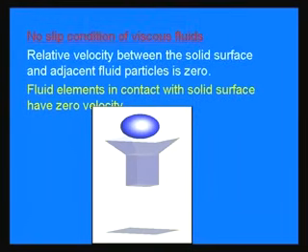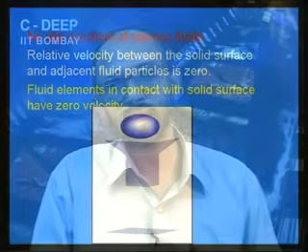So, you can see that when fluid is flowing in a pipe like this or in an open channel flow, the solid is not moving, that means the container in which the fluid is contained, this pipe or the channel. So, the solid is not moving, but only the fluid is moving.